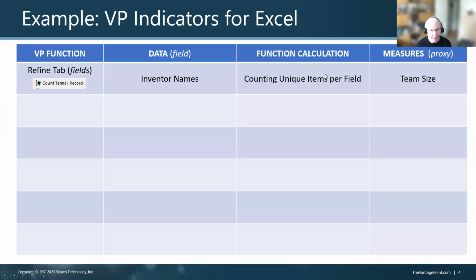So we'll get into this in more detail, but just think of that as a way of, in this case, I'm calling it team size. And I'm saying inventor, and I apologize, only that we can work with literature and authors, and if we have time, I can demonstrate that as well.